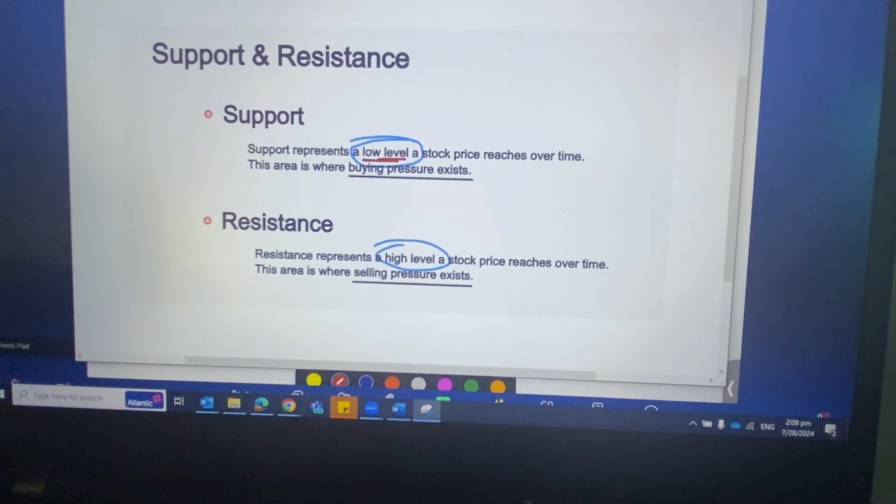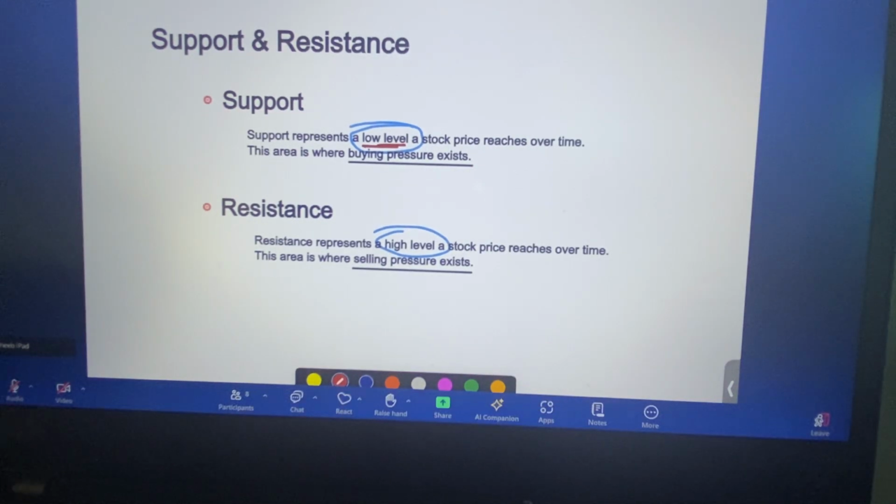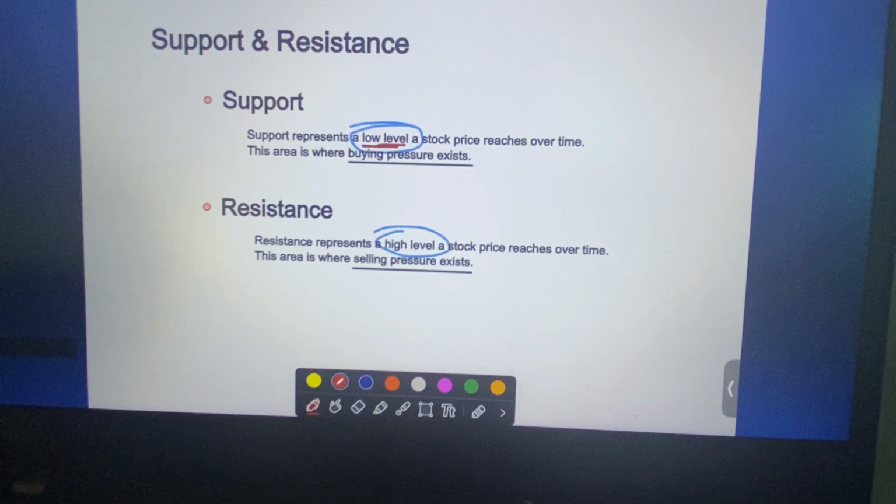On the flip side, resistance represents a high level, a stock price which is over time. This area is where selling pressure exists. Now, what exactly does that mean? Let's look at our chart below.